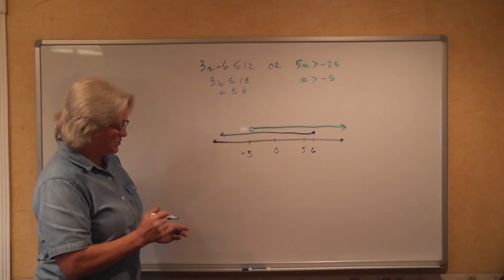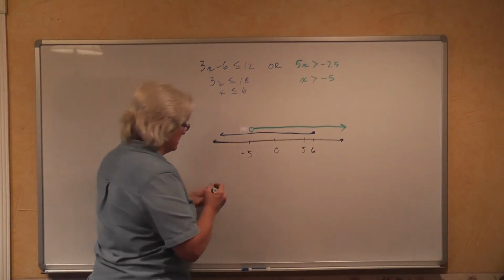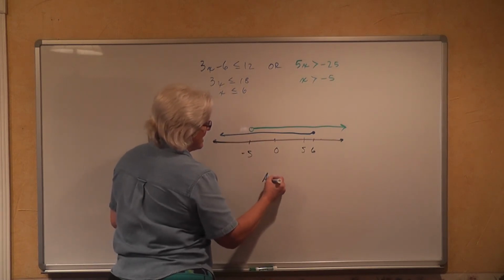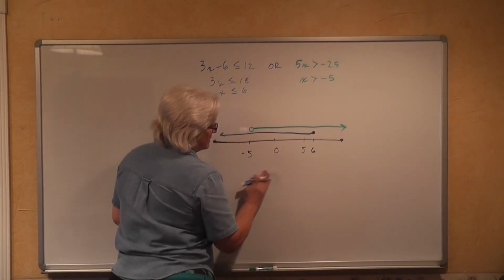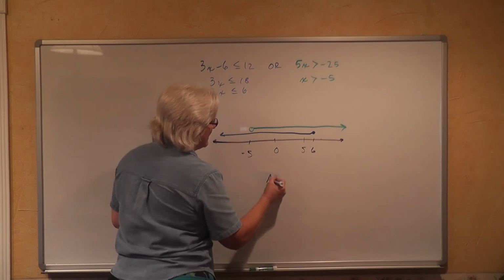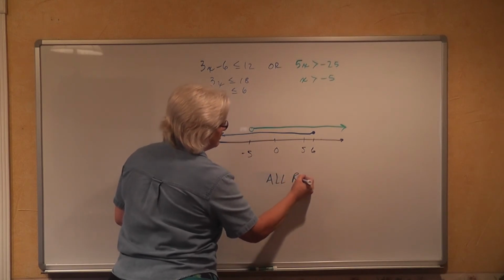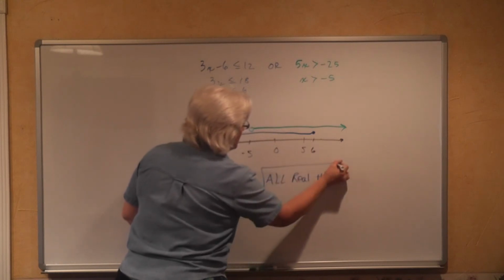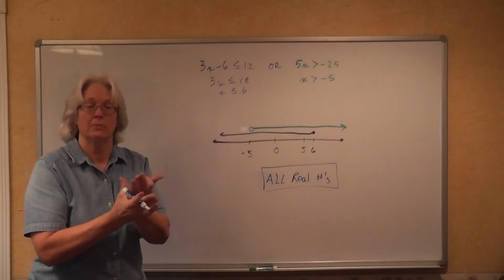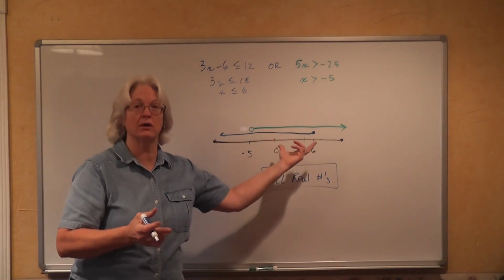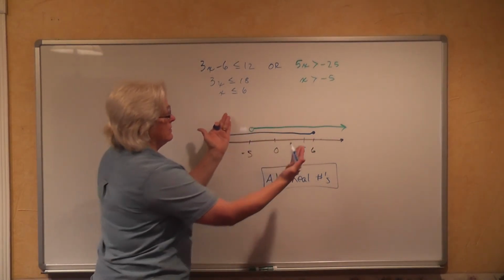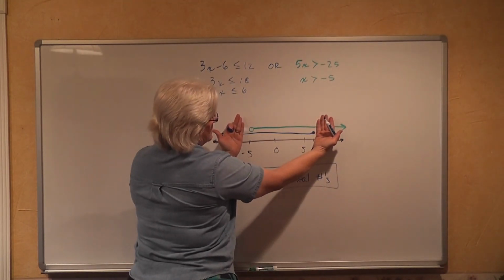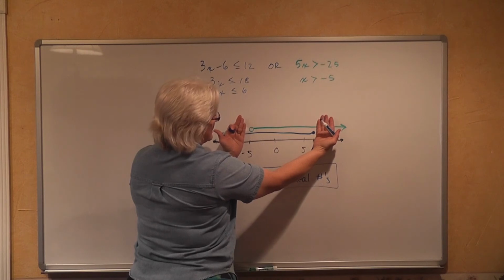So what is our solution then to this inequality? Our solution would be all real numbers, everything. So we have all real numbers. That would be our solution, because our solution is not only the area of overlap, only this little piece right here would be the conjunction of those two, where you have the intersection of them.